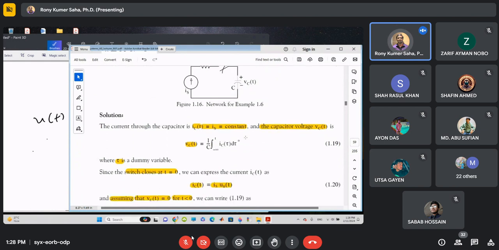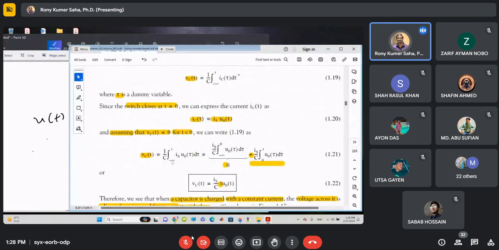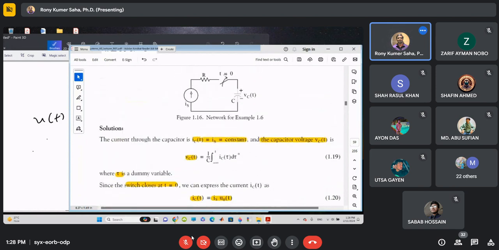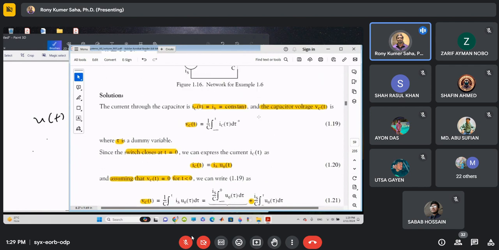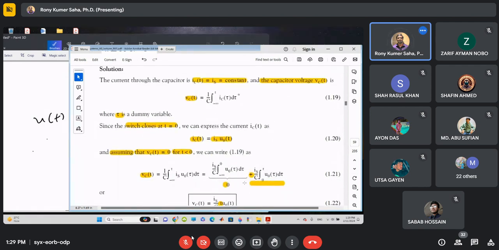So the initial condition is zero. The other way to see it is minus infinity to t. So we can represent this two ways: minus infinity to zero and zero to t. Now t here is zero, but it could be any value, let's say t equal to t. So it means 0 to t. It's a general expression.